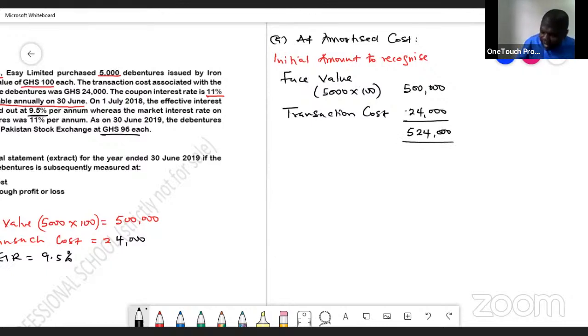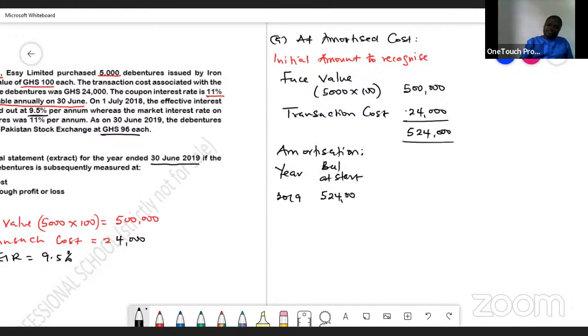Okay, so now we carry this at amortized cost. Remember they said you should do for 2019. I believe now you understand, so I'll do it for 1 year. So we have the amortization for the year 2019. Balance at start will be 524,000. Effective interest at 9.5%.